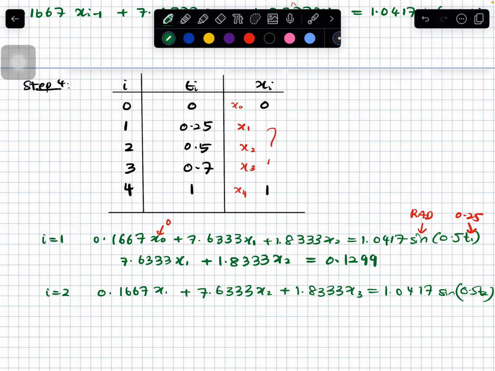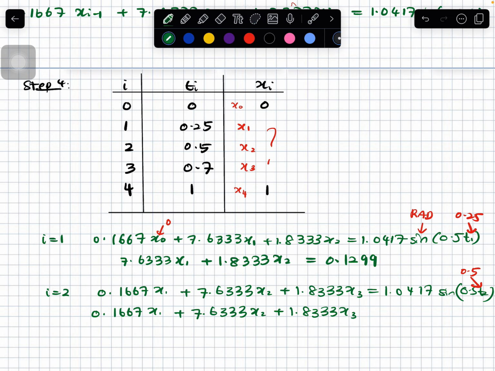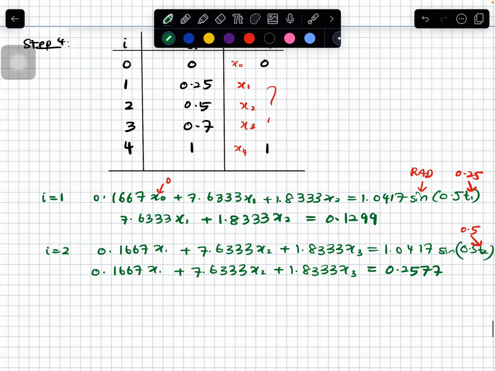Okay, so for this stage we can insert t2. t2 is 0.5. Okay, and you obtain this. Equal 0.2577. Next, go to the third iteration.